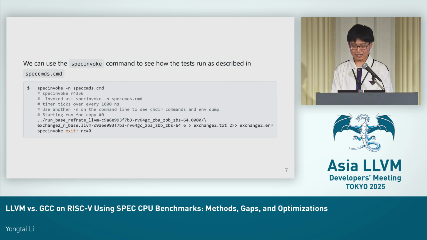And then the specinvoke command will tell us exactly how the test is run. As you can see, there's only a single number 6 as the argument for this case. Now all the preparation has been made. Next step is to run and get the data.